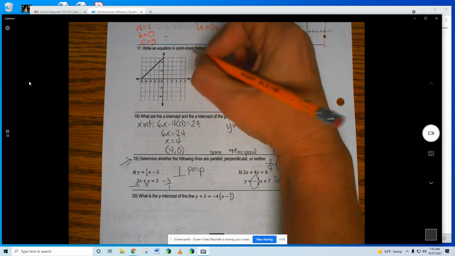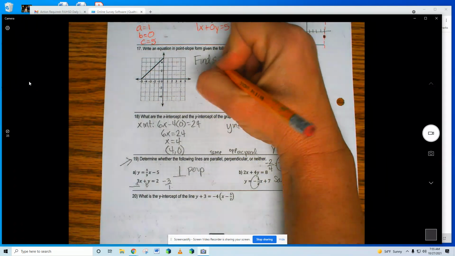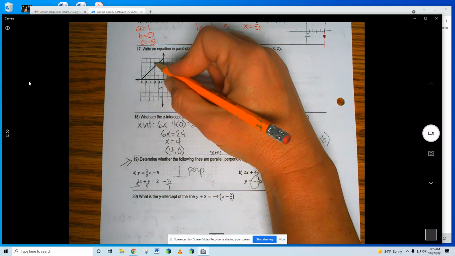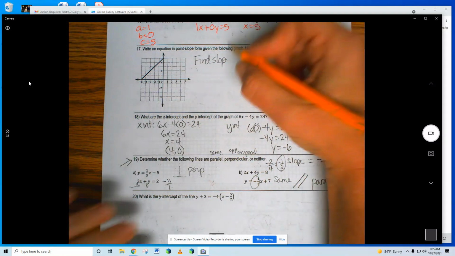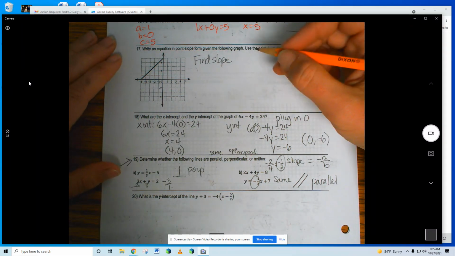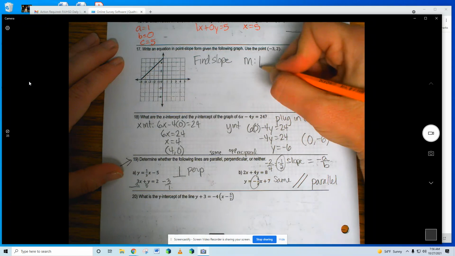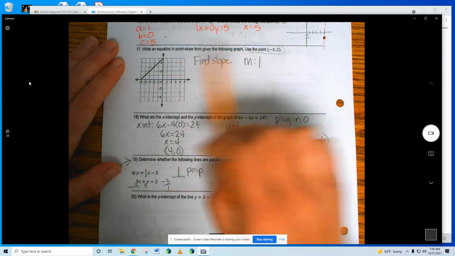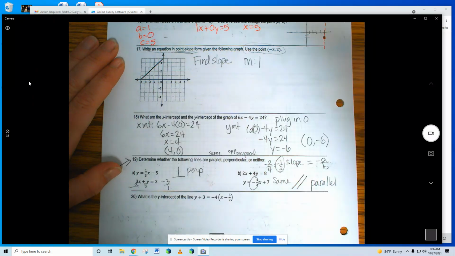On number 17, what's the slope? Rise what, run what? On number 17, find the slope. It's 1. And then it says, use the point negative 3, 2. Write an equation in point-slope form.